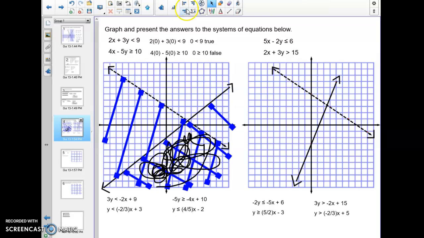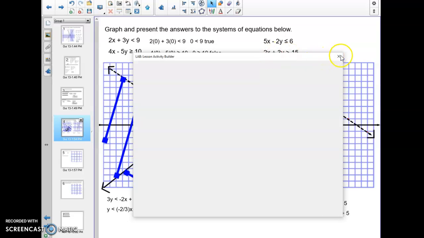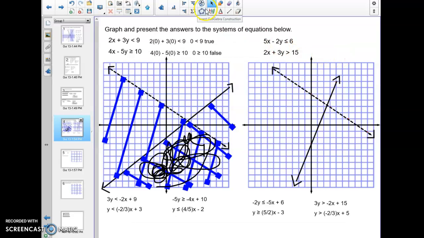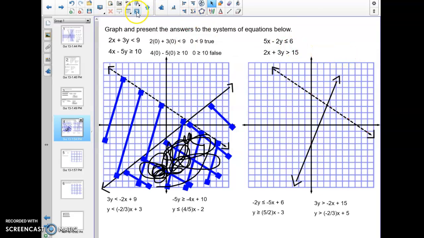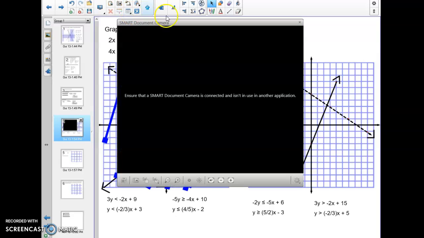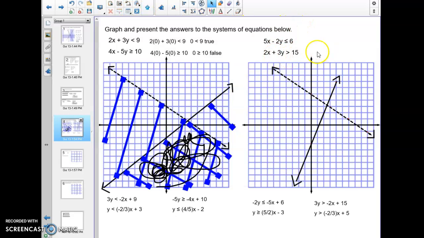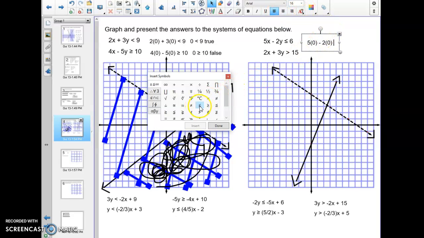Okay, so we plug our 0, 0 in. And it gives me 5 times 0 minus 2 times 0 is less than or equal to 6.